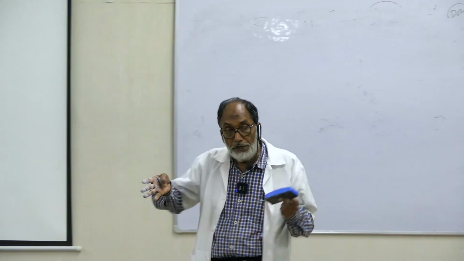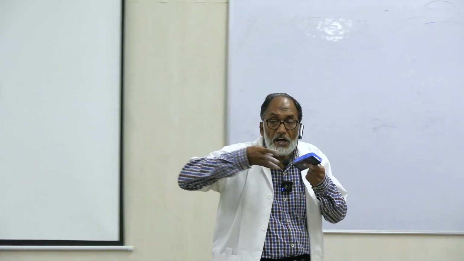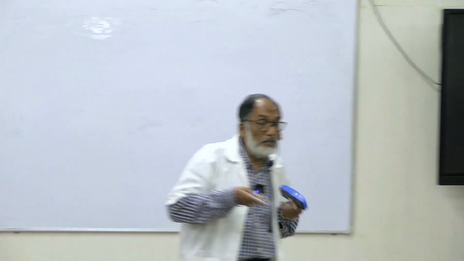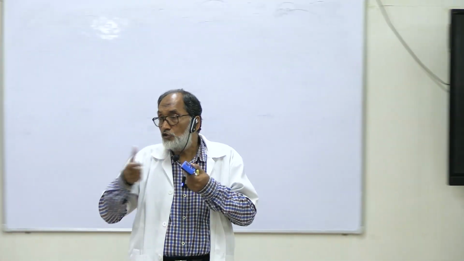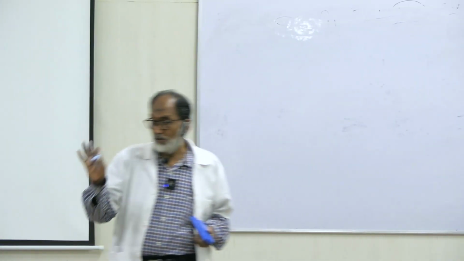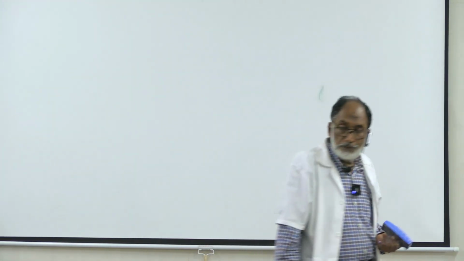If there is Ludwig's angina, it may compress the airway, so the patient will complain of suffocation. Then what will you do? If a patient comes with suffocation, with Ludwig's angina, what will you do? To save the life of the patient, you have to do a tracheostomy. A tracheostomy has to be done here, otherwise the patient will die of choking, understood?